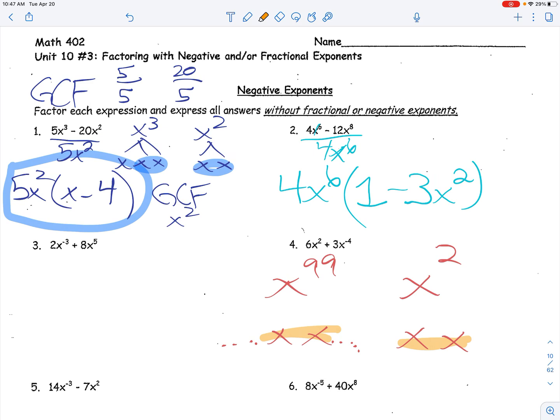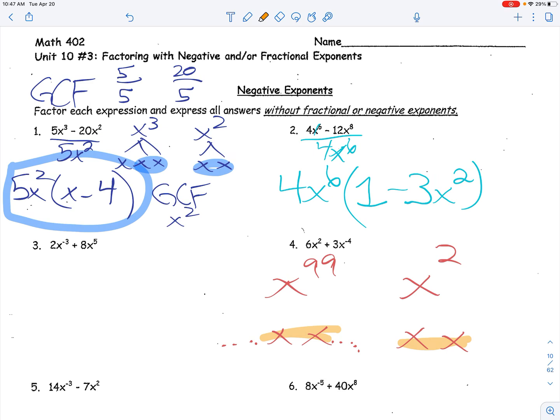Between x3 and x2, it was x2. x6, x8 was x6. x99, x2 was x squared. x to the 10th and x squared was x squared. Wasn't it the smaller of the two for the GCF? It was the smaller of the two.